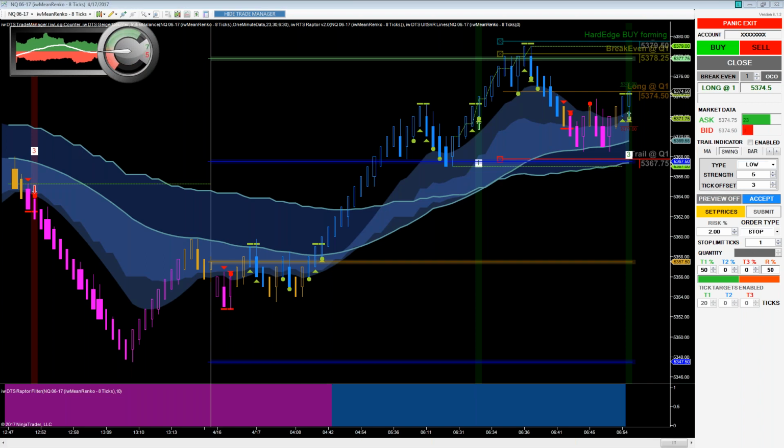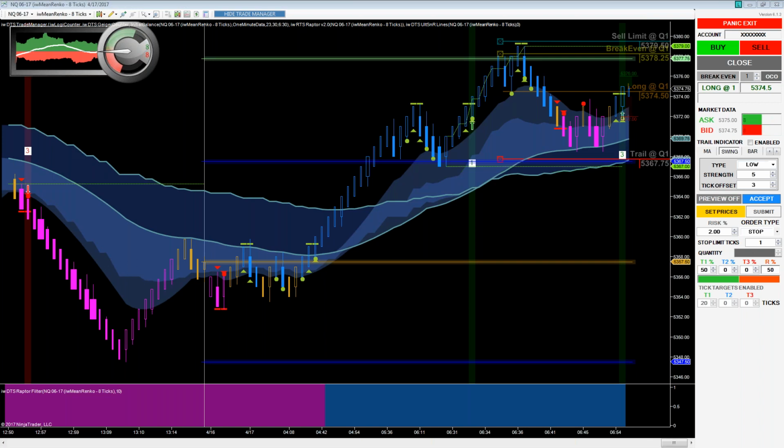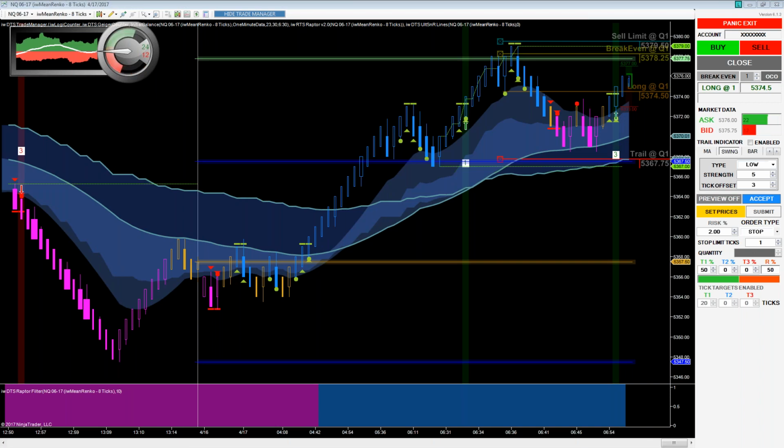Oh, sorry, toward the end of the week, the Philly Fed Index, which is a report that kind of gauges the strength of the economy. But that's still too far off to influence us very much today.